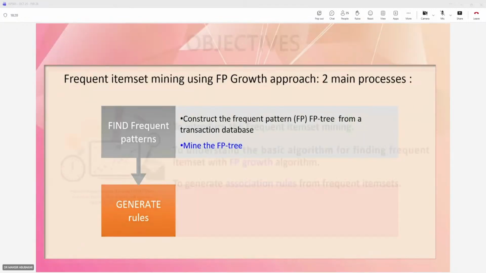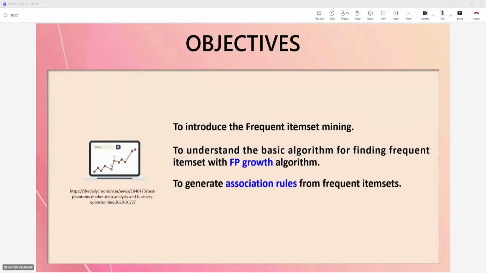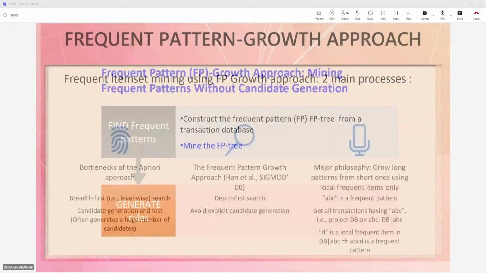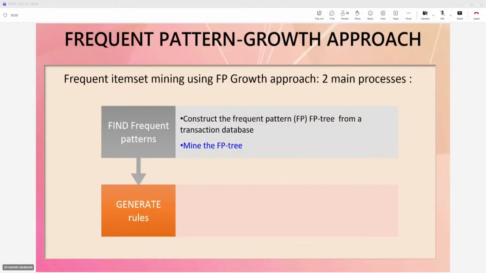As we discussed last time, association involves identifying the frequent items, generating the frequent items, as in the case of Apriori, and then finally generating the rules, because those rules are what will help in the decision-making process. So frequent pattern growth is what we call frequent itemset mining.